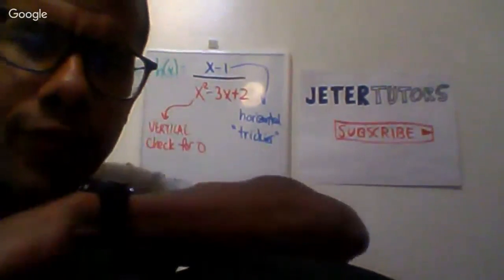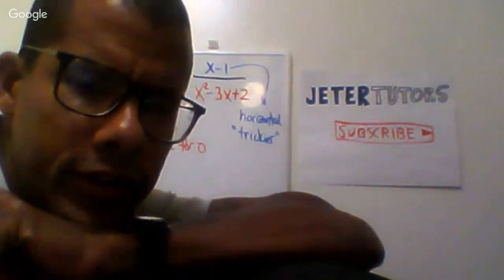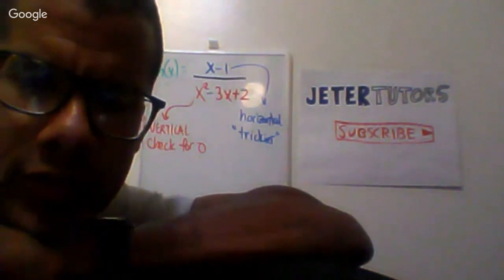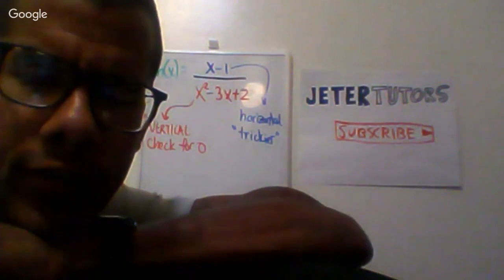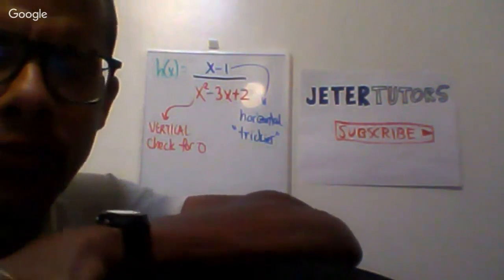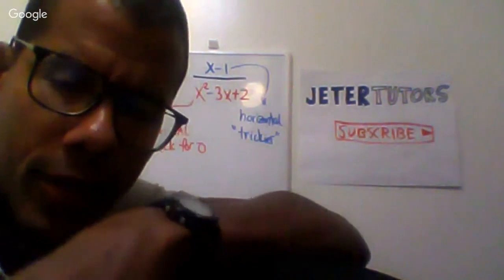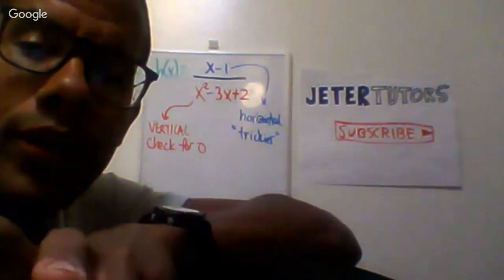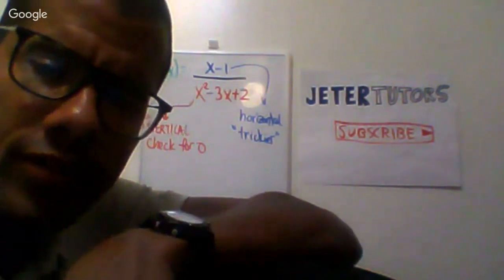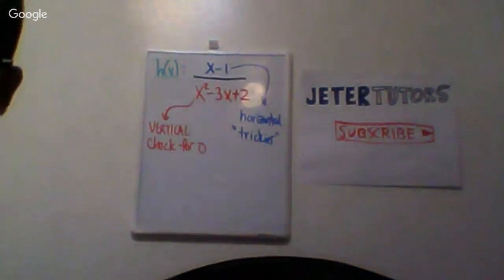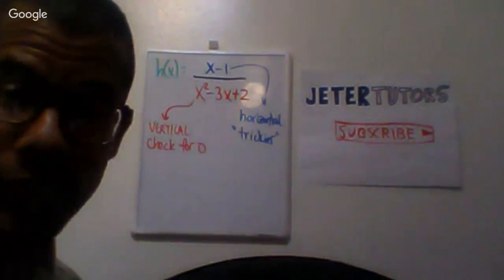This video is really for a particular group of students who are dealing with rational polynomial functions and their vertical and horizontal asymptotes. The reason I'm making this video is I want to help you guys and gals see that the tricks of finding, in particular, the horizontal asymptote is really not what your teacher wants.